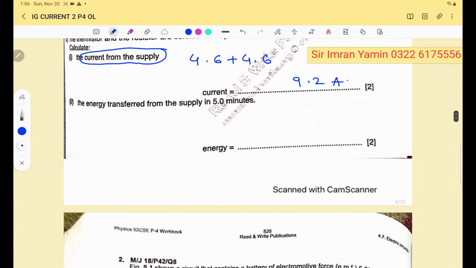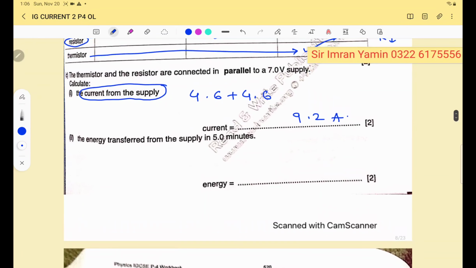And now the last part of the question, calculate the energy from the supply. We have two formulas for energy. Number one, power into time. Number two, charge into voltage. Which can we apply? Power into time, and power is voltage into current, so energy is voltage into current into time.